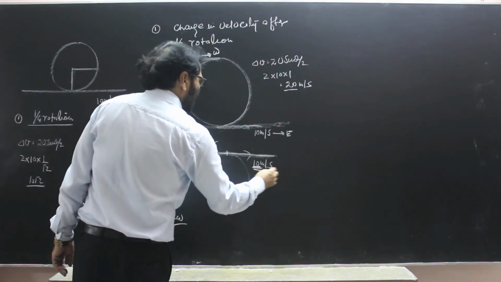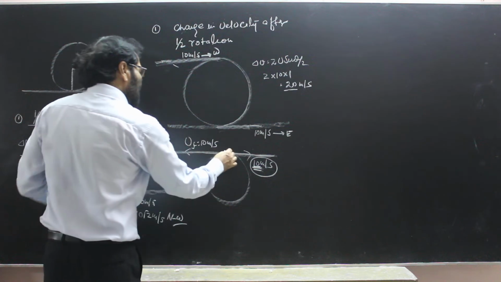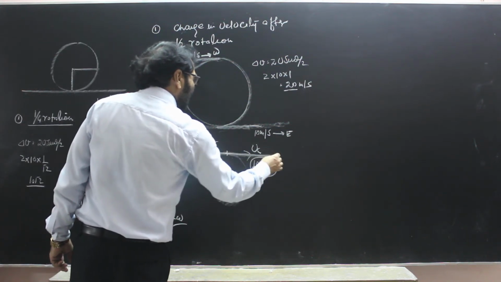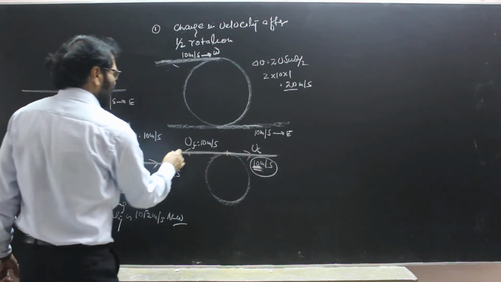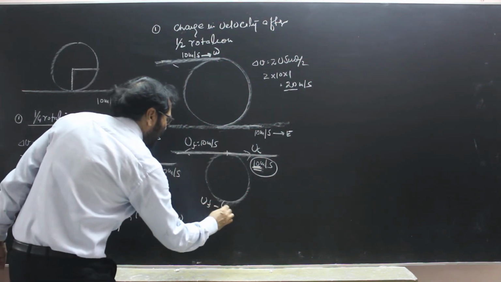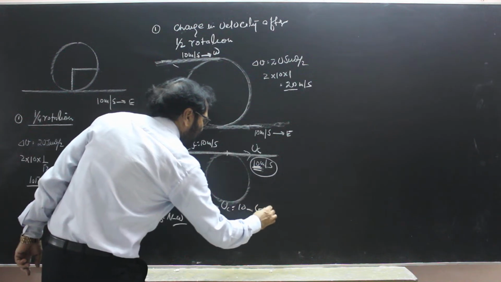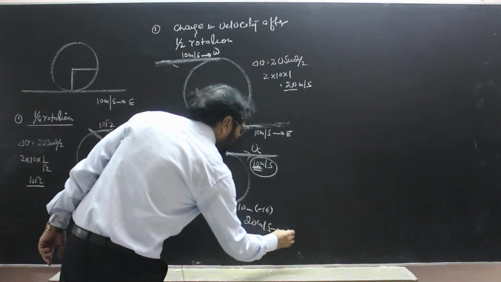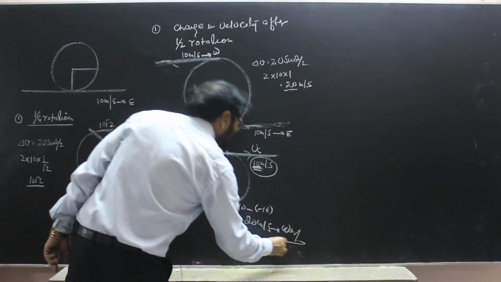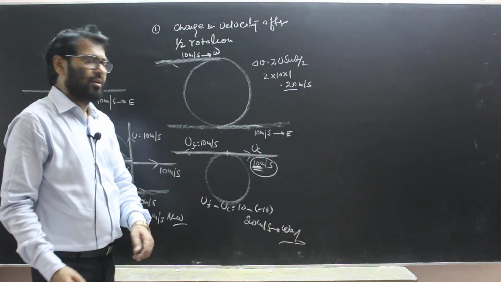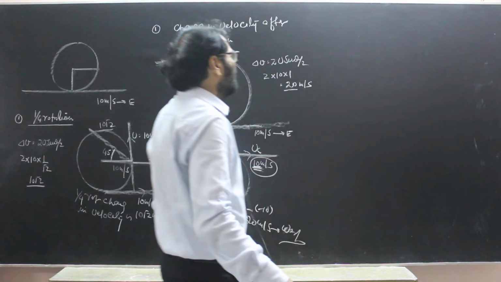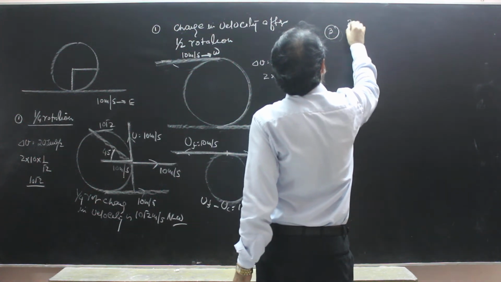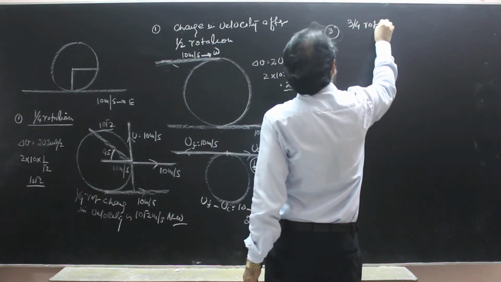So Vf minus Vi is 10 minus minus 10, that is 20 meter per second, towards west. The change in velocity is 20 meter per second towards west. Now if it is the 3/4 rotation.